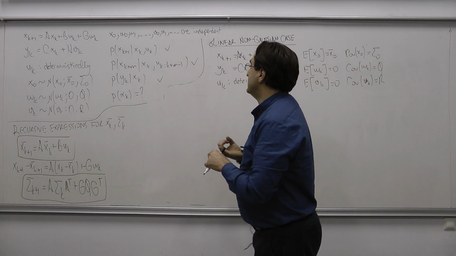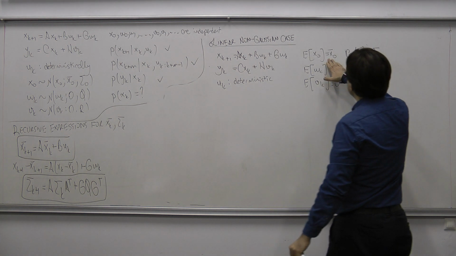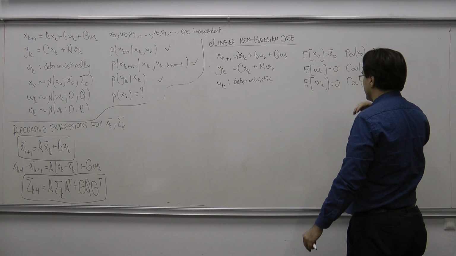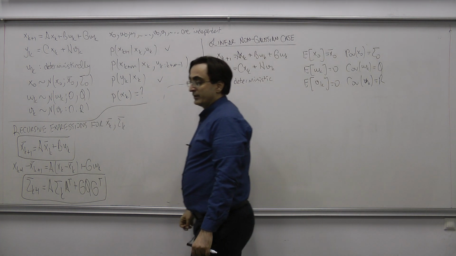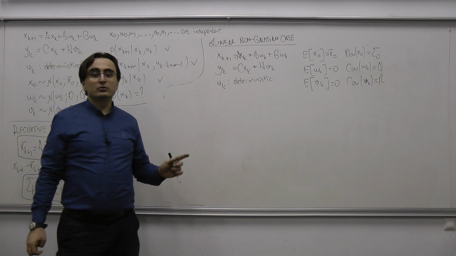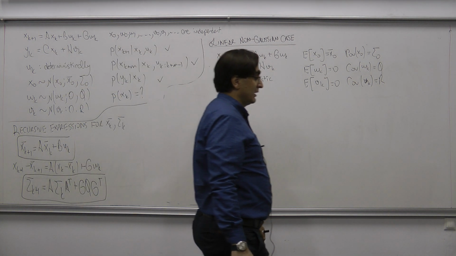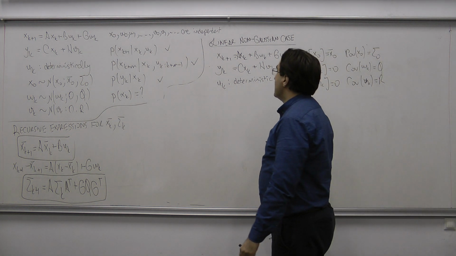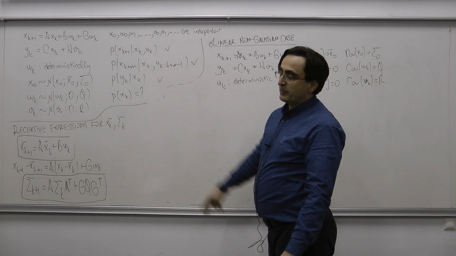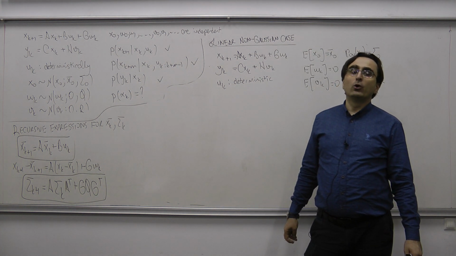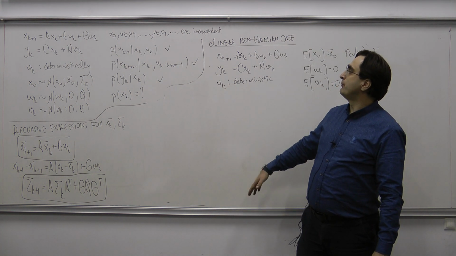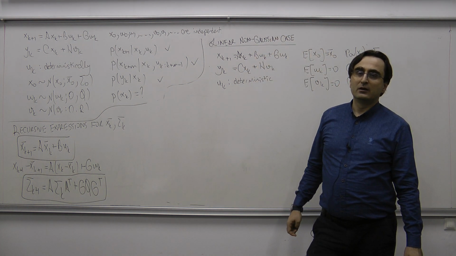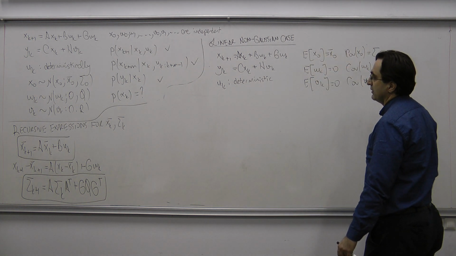They only used the fact that the mean of x_0 is this, the covariance is this, and I have the mean and covariance of the noise terms as specified here. As a result, all of the expected value and covariance formulas that we have found so far are valid for a linear and non-Gaussian system as well, as long as these conditions are satisfied.